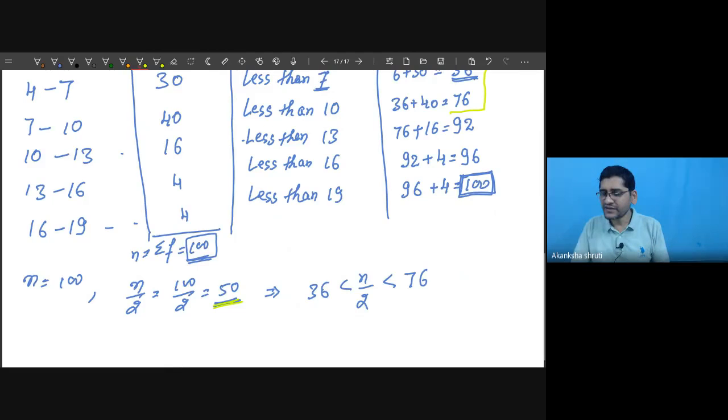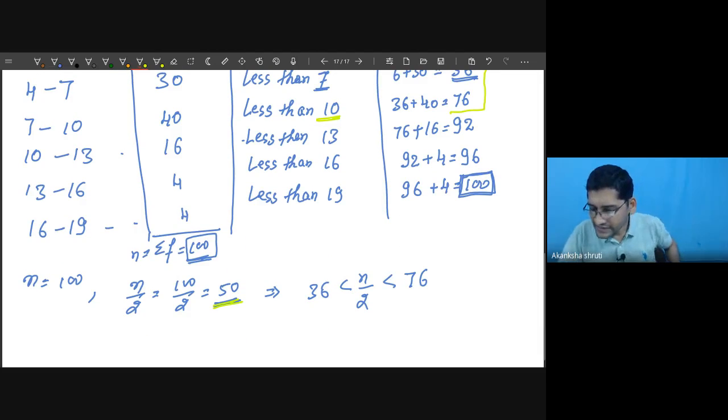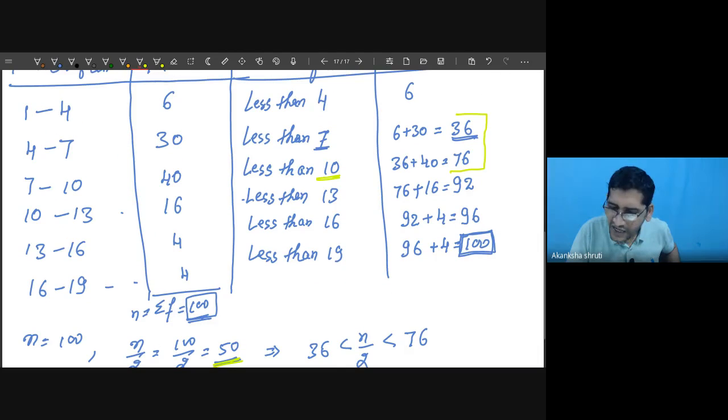From this, we know that this 36 includes up to 7. After that, everything goes to the higher one, meaning up to 76 the data will be 10. You shall take the higher value so that this 50 can be allocated. Up to 36 it is 7, but what is the 38th data?